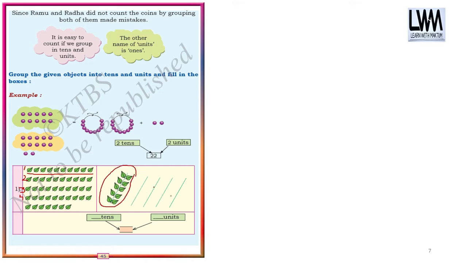So there are 3 more lines on which you have to draw these leaves. So 4 tens are there, right? Then remaining is how many? 1, 2, 3, 4, 5, 6, 7. So those 7 you can draw here. Okay, clear with that? So how many units are there? 7 units are there. So if you combine 4 tens and 7 units, it will be 47. Clear with that?